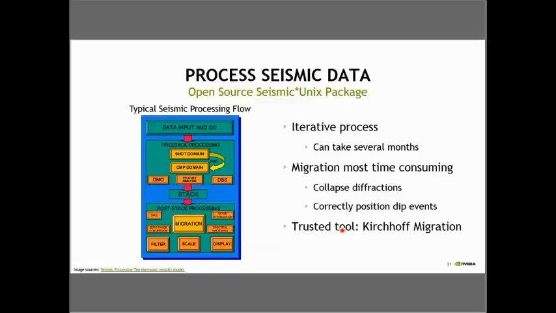And the tool that's used most, every company working in this space has a Kirchhoff migration. There are several different types of migration. One that's in vogue is reverse time migration, and we do really well with that, but for this particular case, we chose Kirchhoff migration. There's an open source package from the Colorado School of Mines that is freely downloadable.